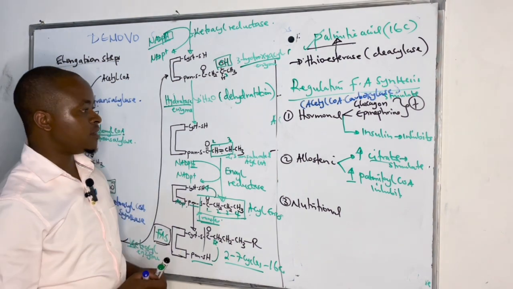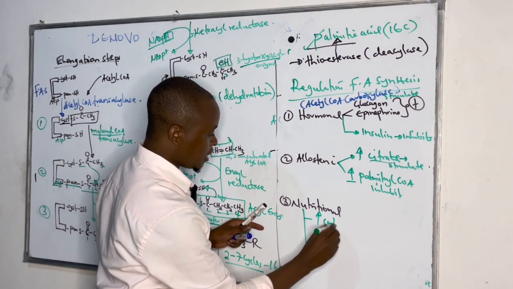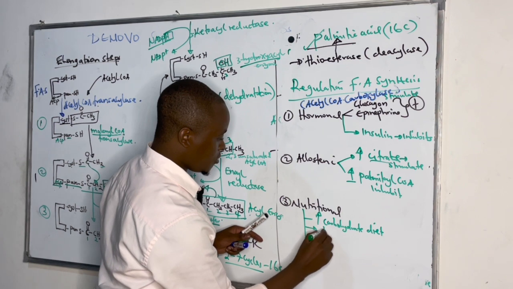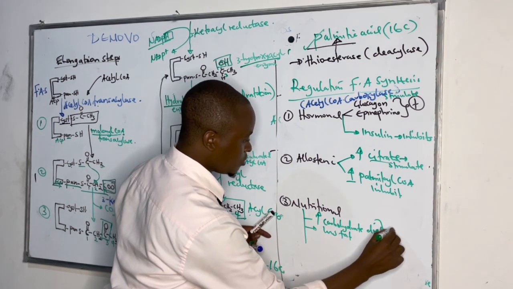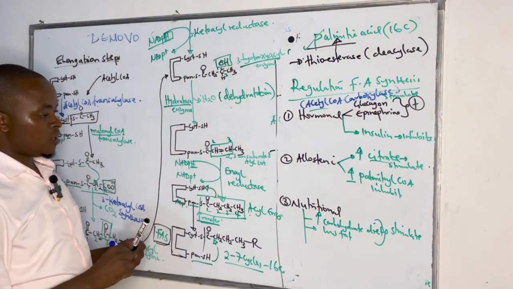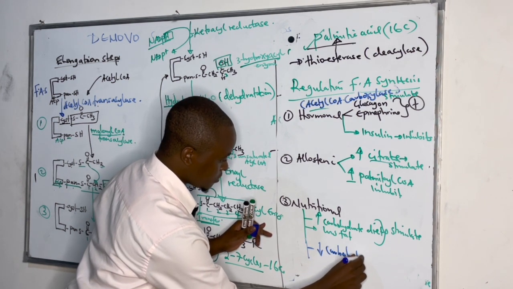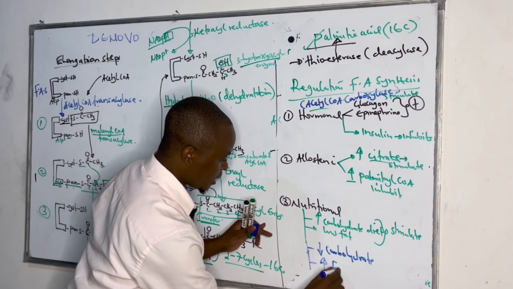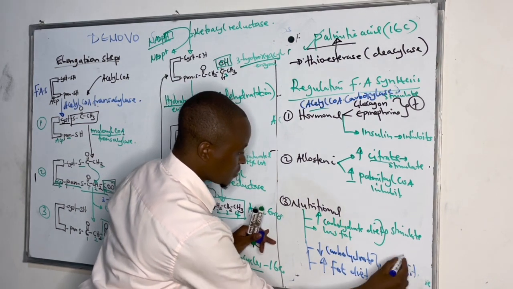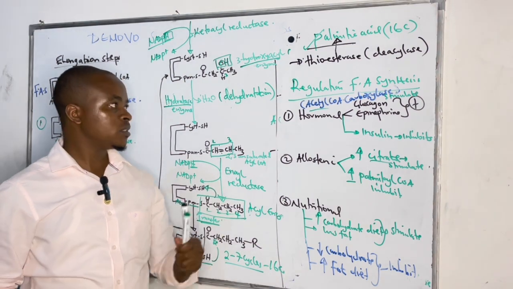Then under nutritional regulation, we see that an increased carbohydrate diet, a diet with high carbohydrate, and low fat, these two stimulate the synthesis of acetyl-CoA carboxylase, whereas decreased levels of carbohydrate and an increase in fat, a diet full of fat, these two inhibit, or decrease, the synthesis of acetyl-CoA carboxylase.